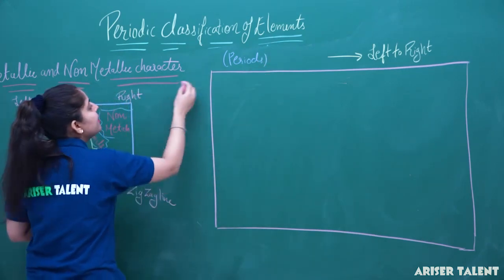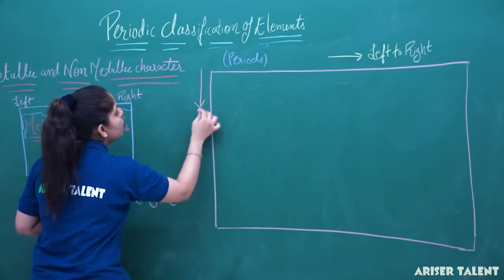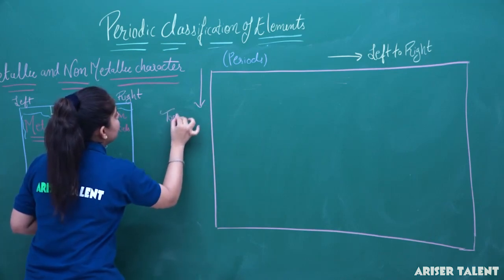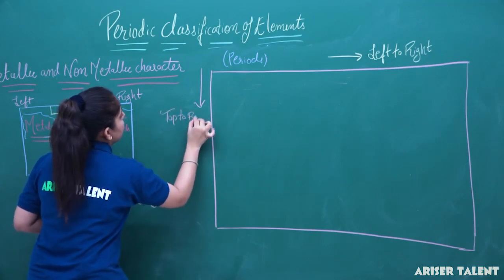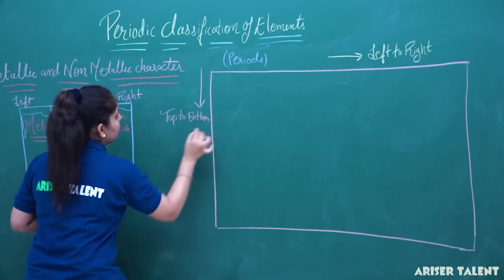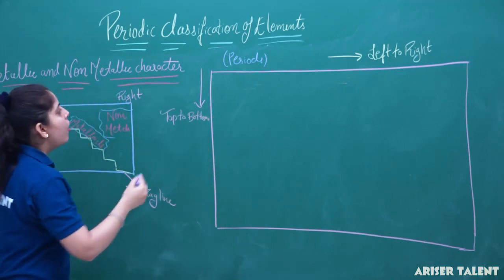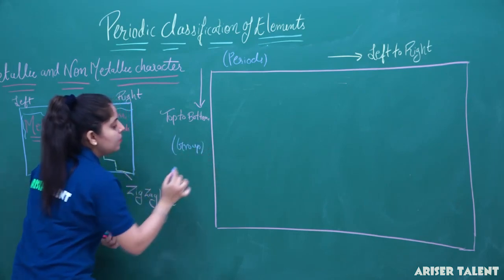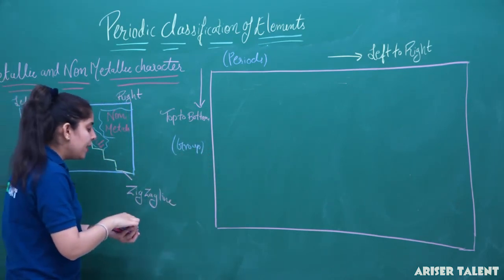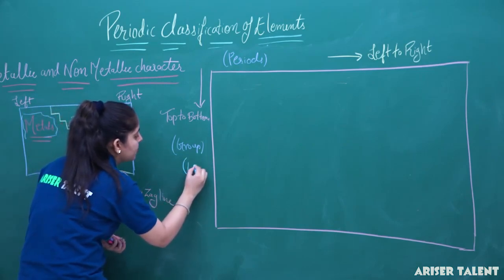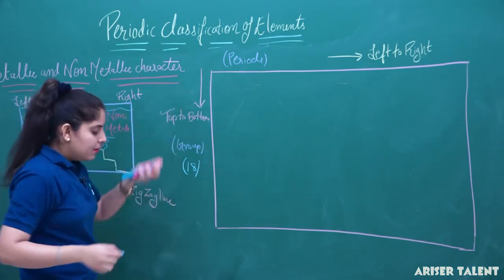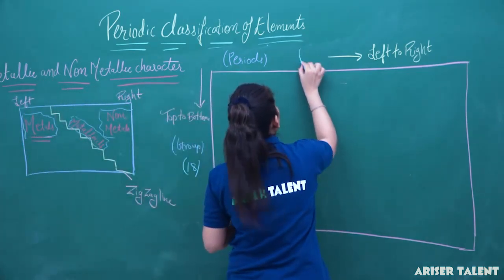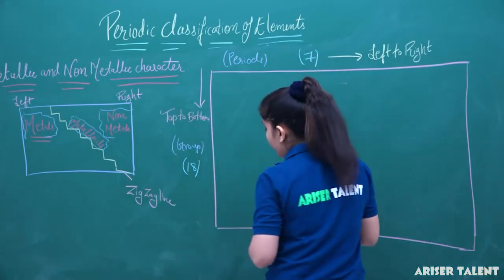If I am considering this line from top to bottom, top to bottom is called groups. Top to bottom is called group. In our periodic table, we have 18 groups and 7 periods.